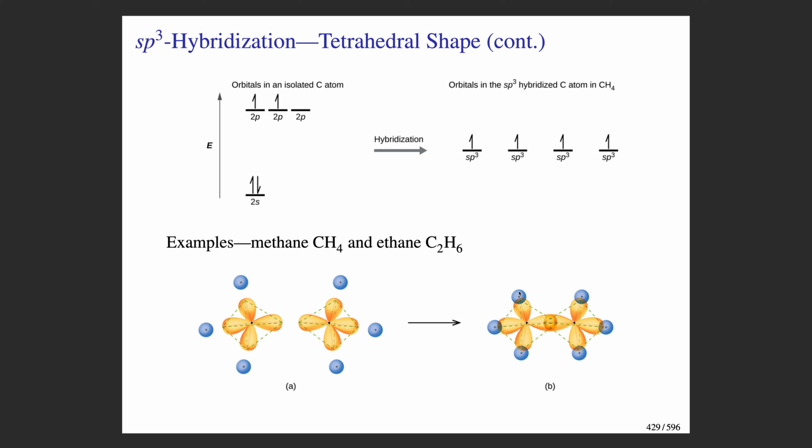We have, for this carbon, 3 sigma bonds between carbon and hydrogens. There's 1 sigma bond with another carbon atom, and then the other carbon atom also has 3 sigma bonds with its 3 hydrogen atoms. Okay, so this is the valence bond picture of bonding within ethane.